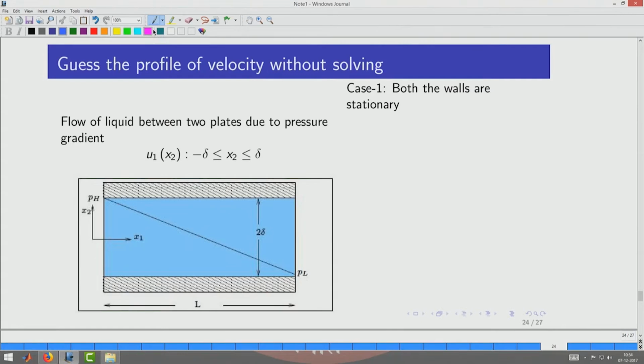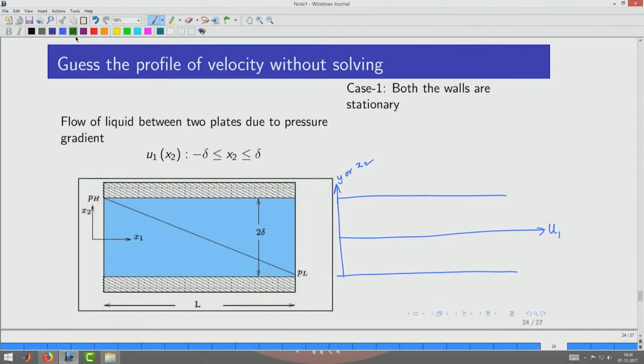Under such situations, how should the solution be? From whatever we have discussed till now, the domain is drawn, and this axis is the x2, or y axis, and the velocity u1 has to be plotted in this manner.